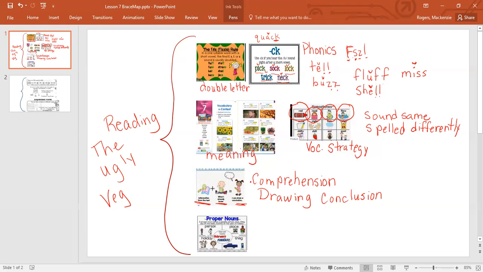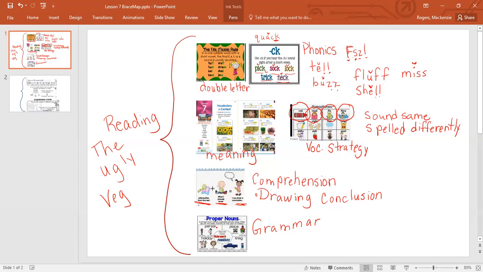Boys and girls, we do this a lot when we do our character traits. We think about the words that the character says. We think about how the character acts to draw a conclusion about our characters. And the last thing that we're going to talk about is our grammar skill, which is proper nouns.